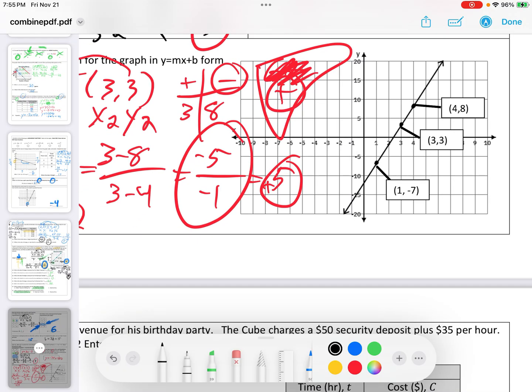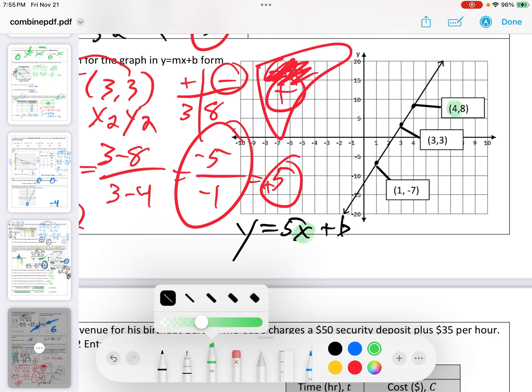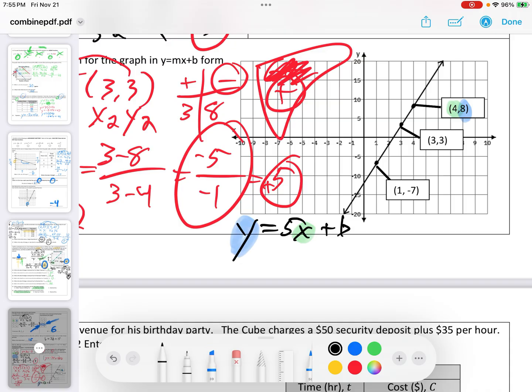All right. So y equals 5x plus b. That's our slope. We don't know what b is yet. We're going to use one of these points. What do I mean by use one of these points? We're going to take the 4, put it in for x. We're going to use the 8, put it in for y. So 8 instead of y, 4 instead of x.